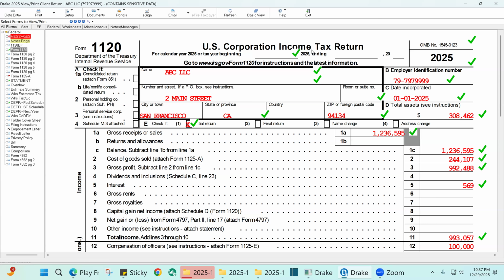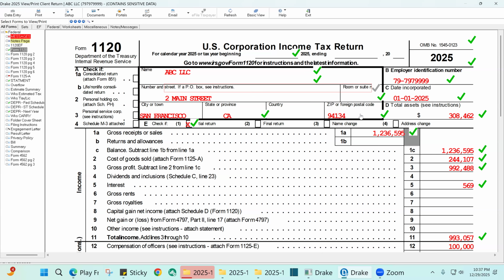They could send it by fax or mail. And then the IRS will mail you an S corporation acceptance letter. That acceptance letter will be a permanent record. If you lose it, you can create a company IRS account, log in, and you can always retrieve it.